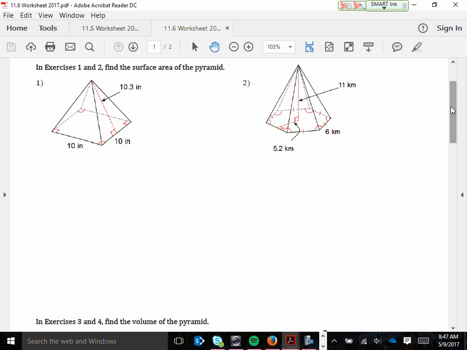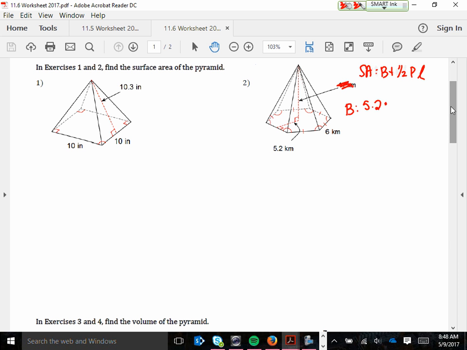Okay, we need a capital B, a capital P, and an L. Let's do our capital B first. Now, what shape is the base here? Hexagon. So we're going to do apothem times perimeter divided by 2. We do not need the 11 for a second. The apothem is 5.2.